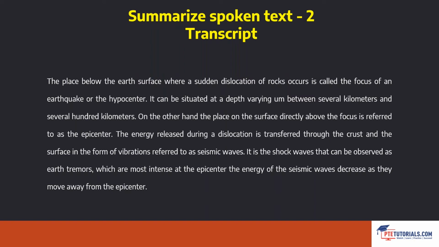The energy released during a dislocation is transferred through the crust and on the surface in the form of vibrations, referred to as seismic waves. It is the shock waves that can be observed as Earth's tremors, which are most intense at the epicenter. The energy of the seismic waves decrease as they move away from the epicenter.